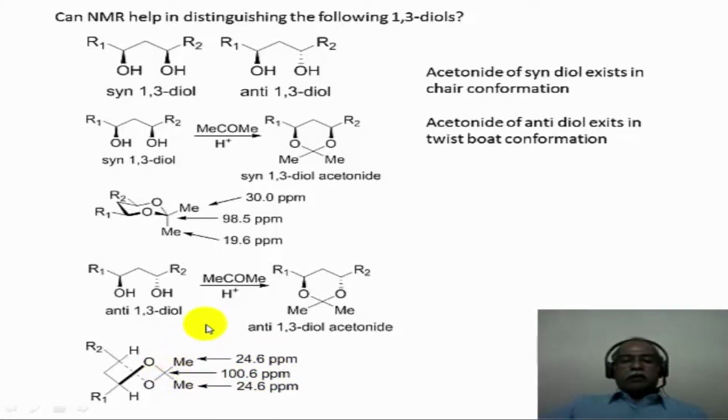The acetonide carbon, of course, comes very close to 98. In other words, it comes around 100 ppm. So the distinguishing factor is two methyl signals in this molecule and nearly only one methyl signal in this particular molecule, because of the shape and the conformation of the derivative that has been made.